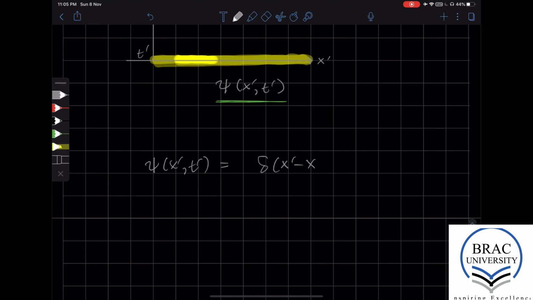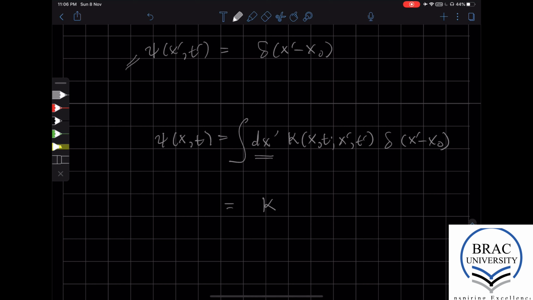Now, because we have a delta function, we can do this integral easily, and then this becomes K of x, t; x0, t prime, or so the 0 should be over here. So what we've shown is that the propagator is the wave function when your initial wave function is a unit wave function. So this is the general discussion of the non-relativistic or just a general propagator.